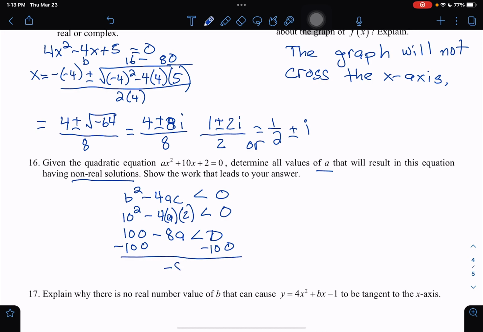And I get negative 8a is less than negative 100. And then we could divide by negative 8, divide by negative 8, and a becomes greater than 12.5. Okay, you have to flip the sign around. All right, good luck tomorrow.